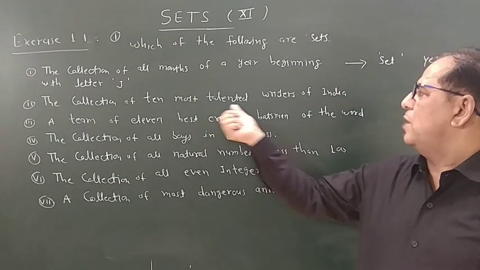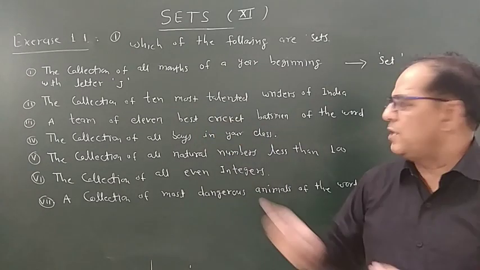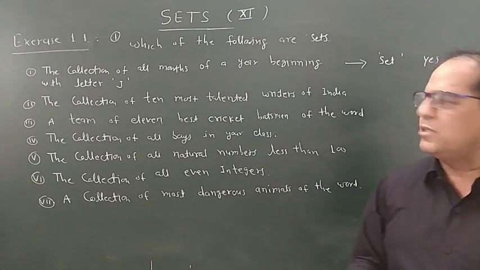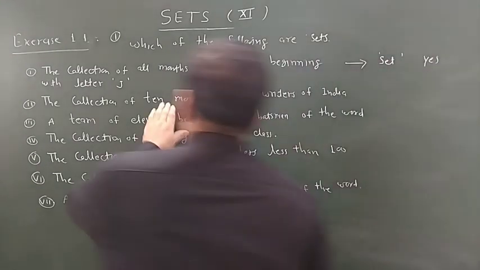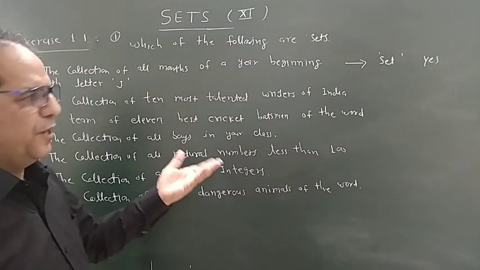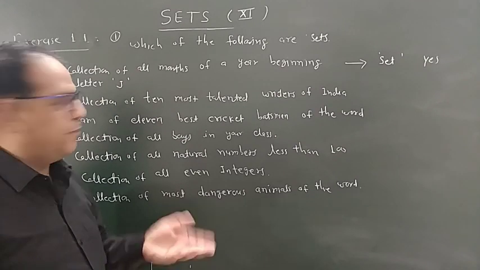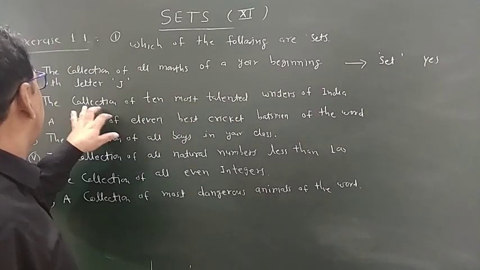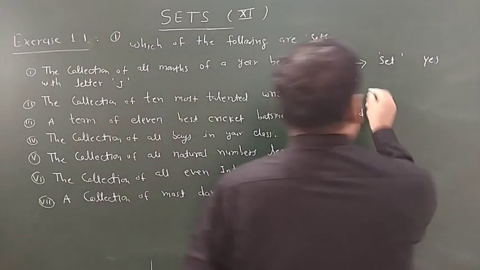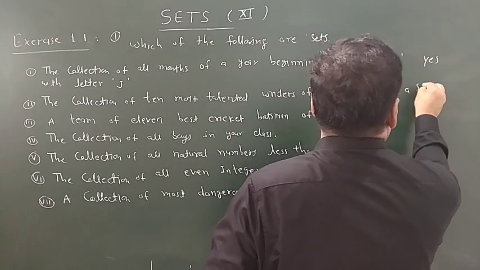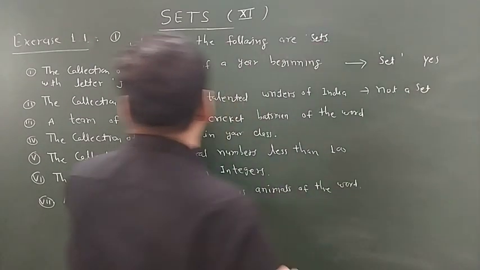But due to the addition of these words, this collection is not well defined, because we cannot distinguish the most talented writers. The categories are different, so how can we distinguish the category for 'most talented'? So this collection is not a set, because it is not well defined.